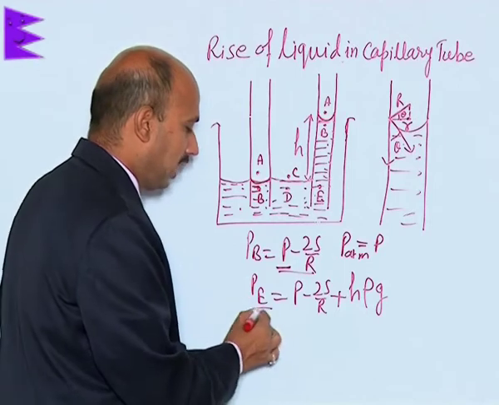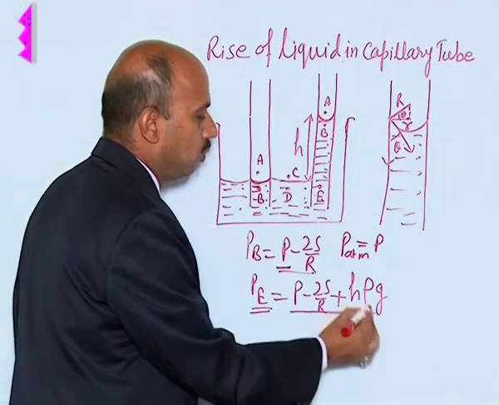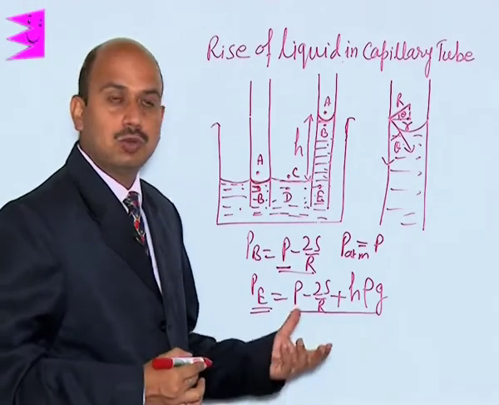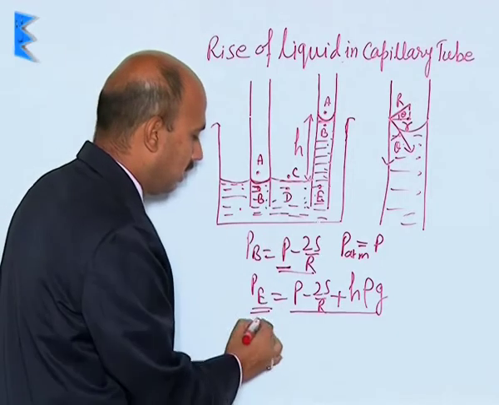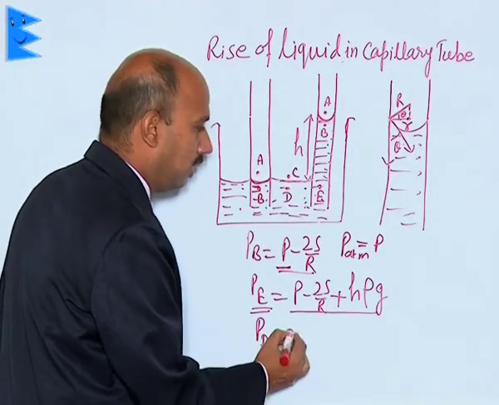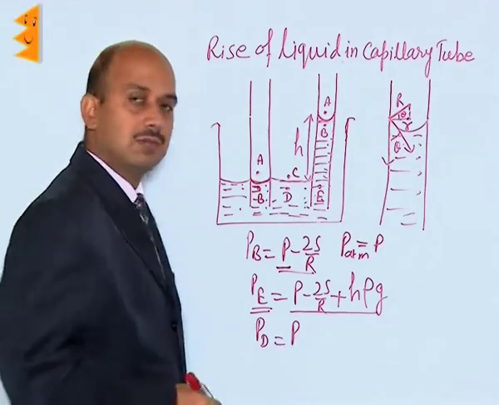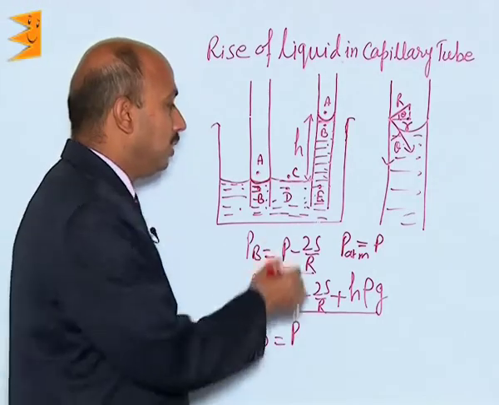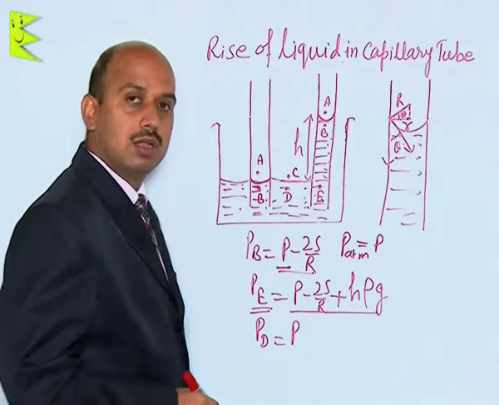Now the pressure at D is the atmospheric pressure. In equilibrium these two pressures should be equal.